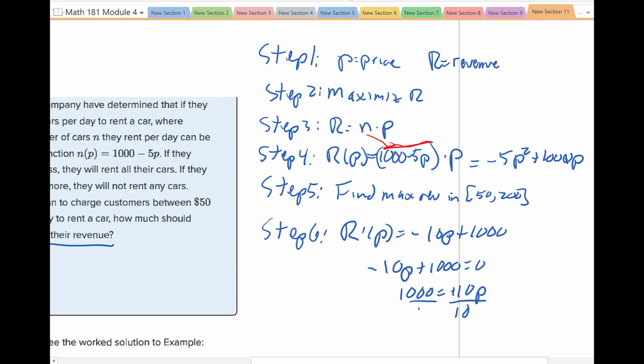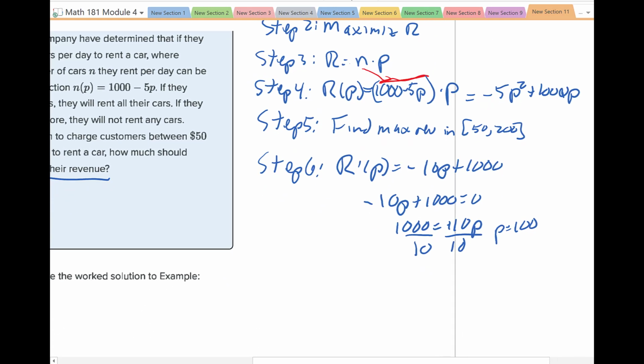Divided by 10, p equals 100. So at 100, they'll make the most money. So revenue for 100 is going to be equal to negative 5 times 100 squared plus 1,000 times 100, and they'll get from that $50,000 a day.